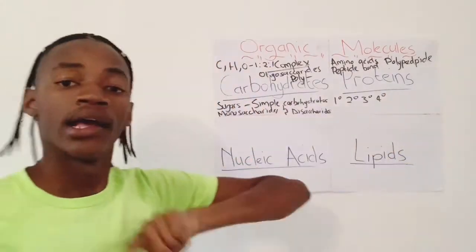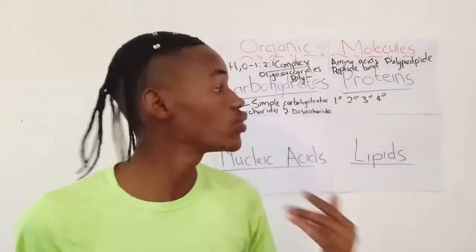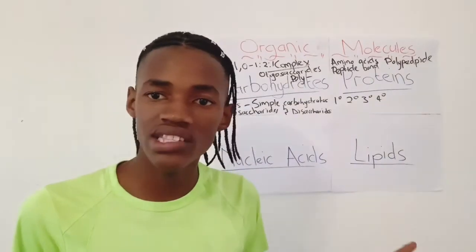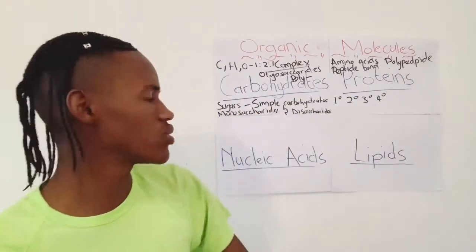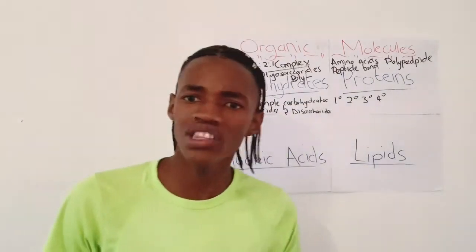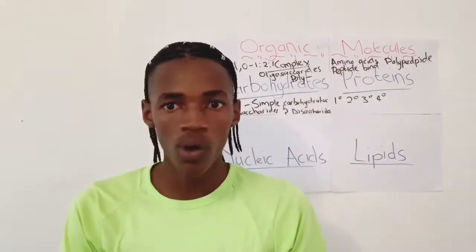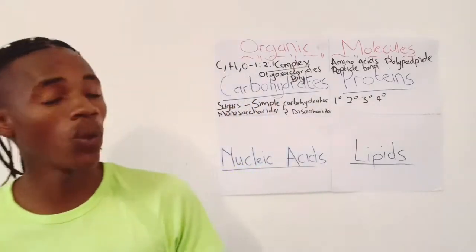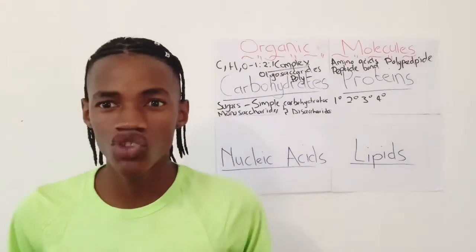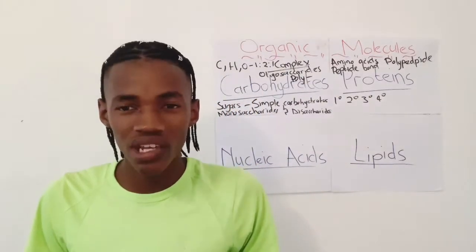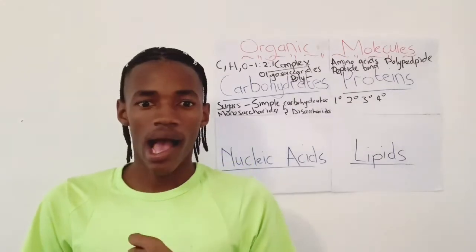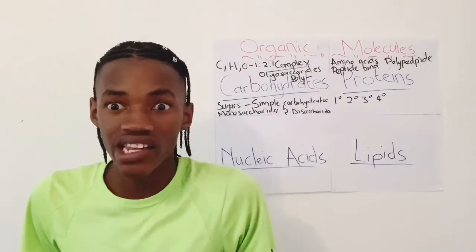And then the fourth structure, which is also called the quaternary structure, is the overall shape of the protein once everything has been done, how the protein looks. And a protein's structure and shape literally determine how the protein will look and function.